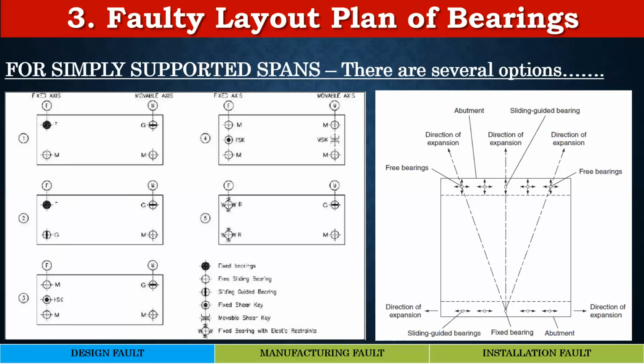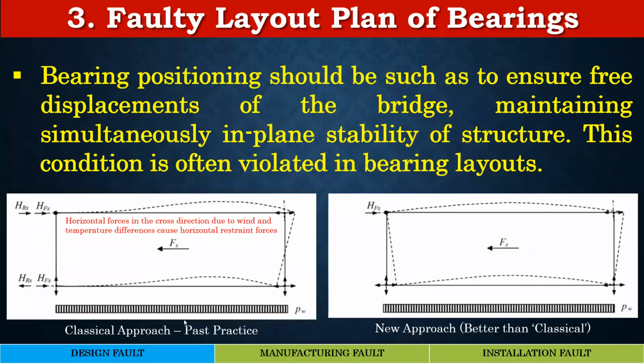Let's take the case which is very often used by many designers all over without questioning. That is a layout where a fixed bearing is used at one end, and a metallic guided bearing, which allows translation in the transverse direction, is used here. And on the free end, you have a guided bearing which allows longitudinal translation and a free bearing.